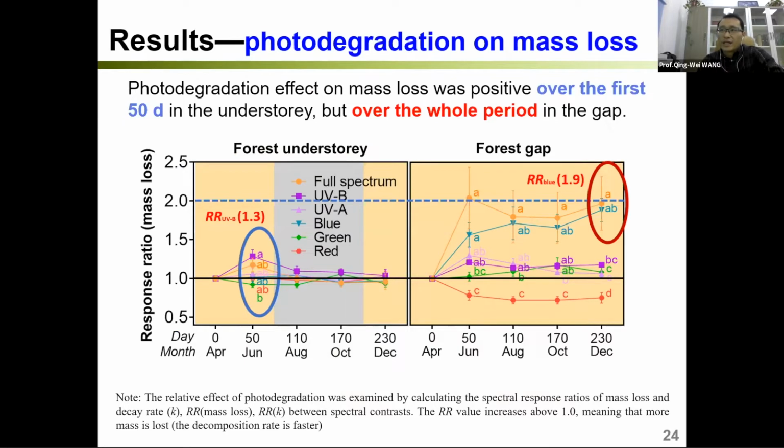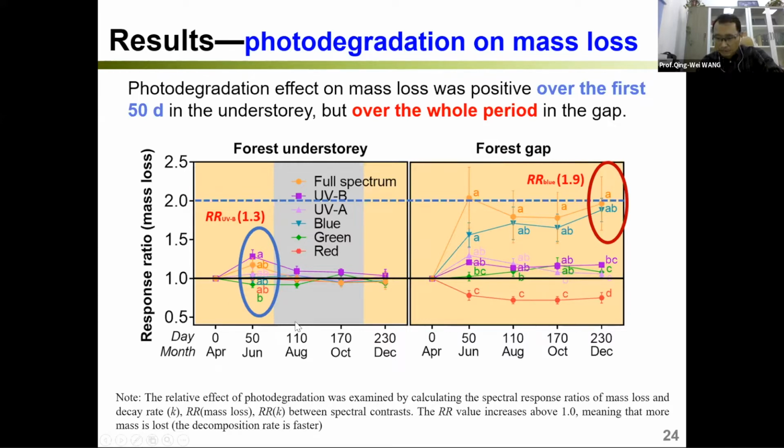Further, we examine the photodegradation effect on mass loss by calculating the response ratio to the spectral contrast. For example, if the value increases above 1, it means litter decomposition is faster. We found the photodegradation in the understory was positive, responding to UVB over the first 15 days.